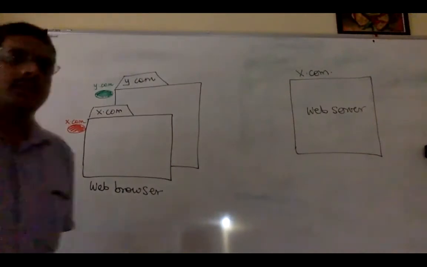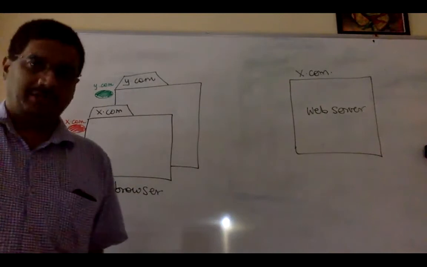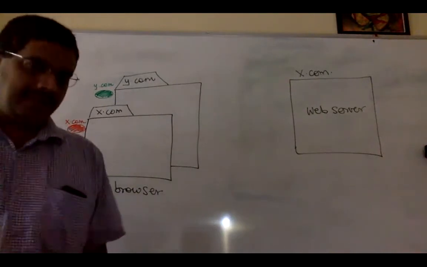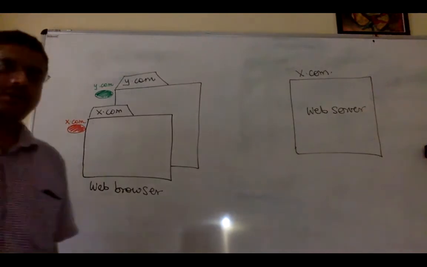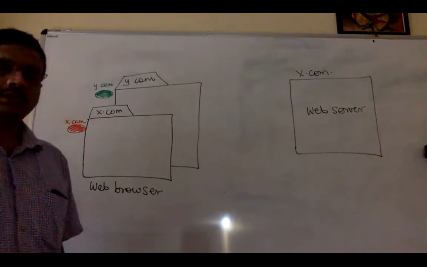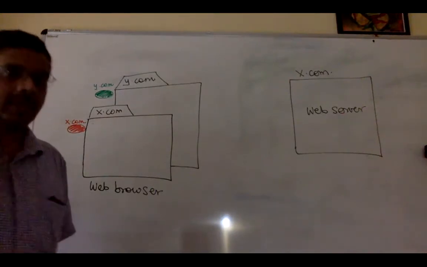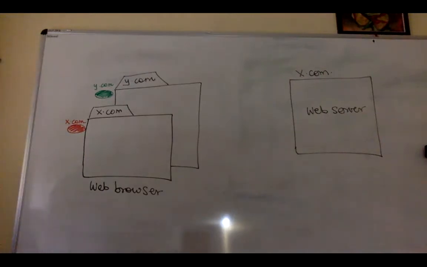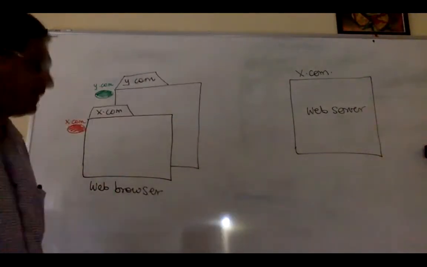All right. So I have erased the board and I have drawn a considerably simple picture now. The reason I have drawn a simpler picture is because for the first part of this module on web security, our focus is primarily going to be on web application security. So we are just going to be concerned with the web server itself, the web application that is running inside the web server.